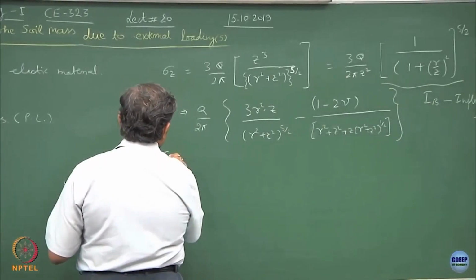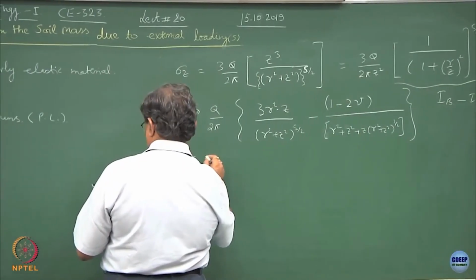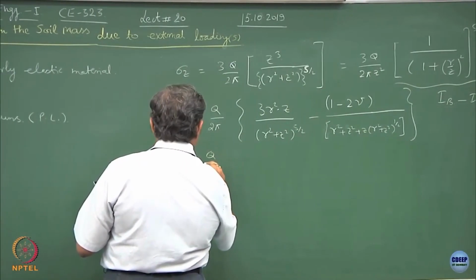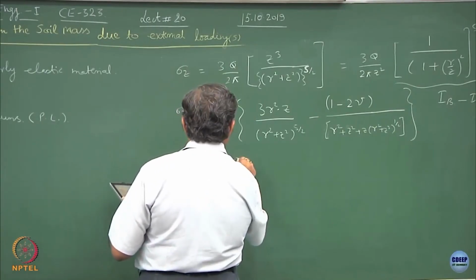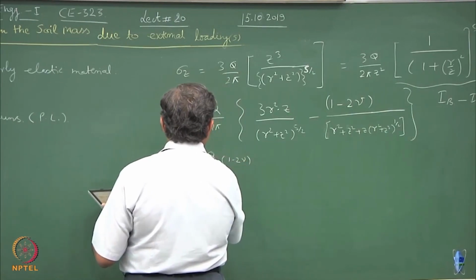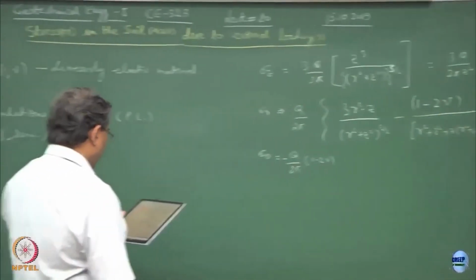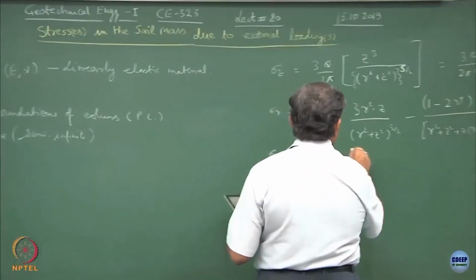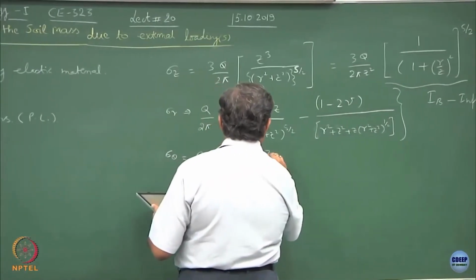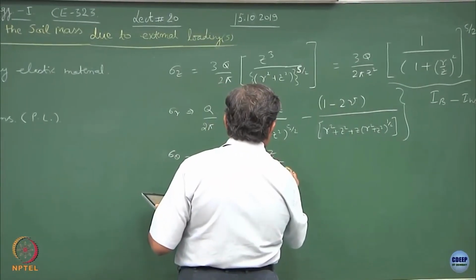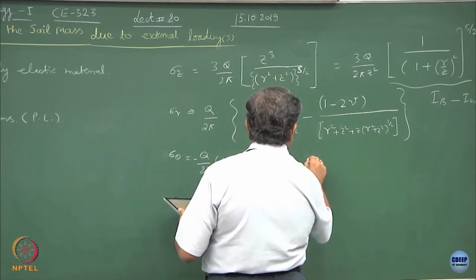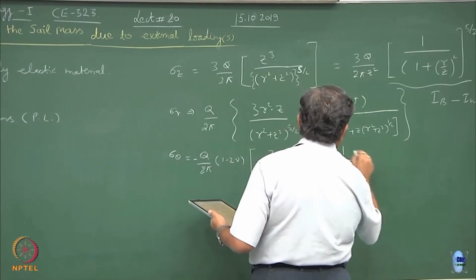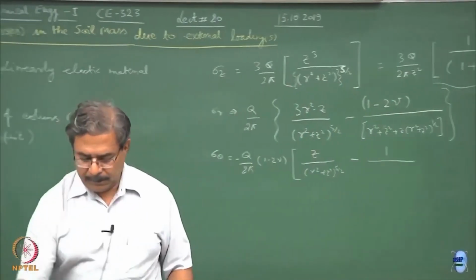Sigma theta is defined as q upon 2 pi, 1 minus 2 nu, negative sign, z upon (r square plus z square) to the power 5 by 2, minus 1 divided by this term.